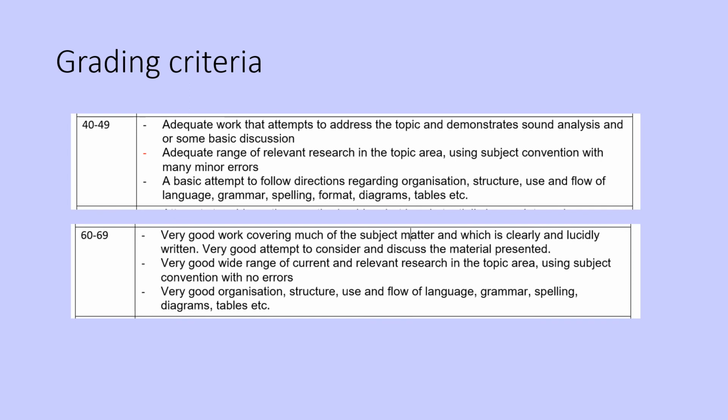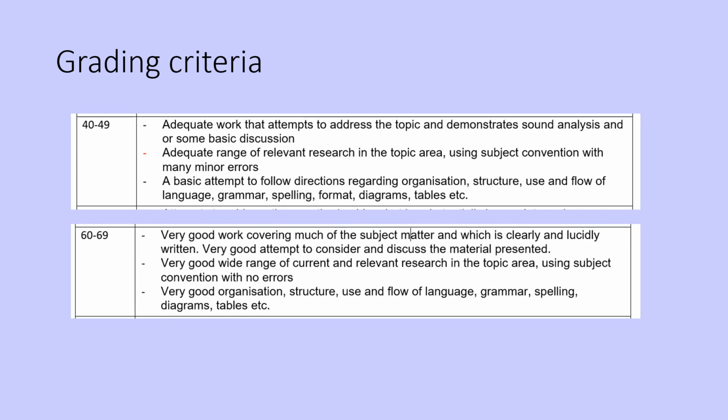For the 60% then, we're looking at a very good piece of work that covers the subject matter well and is clearly and lucidly written. And the key thing is that there is a very good attempt to discuss and consider the material presented. So we would expect there to be a nice level of critique of the behaviour modification methods, and a good depth of evaluation surrounding the etiology.